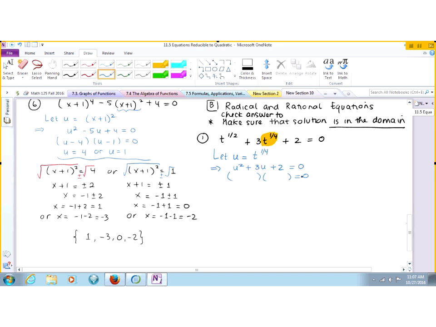Is it factorable? What is it? U plus 2, u plus 1 equals 0. So u is -2 or u is -1. Oh, there's no solution here.